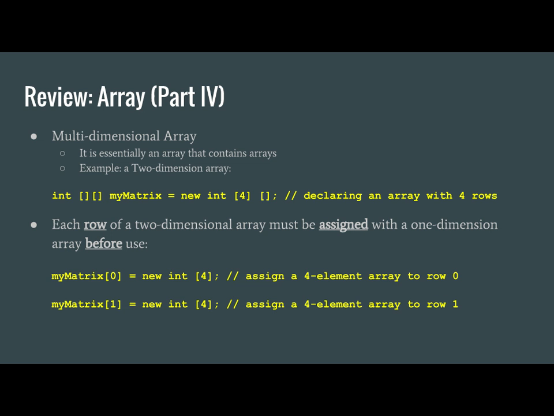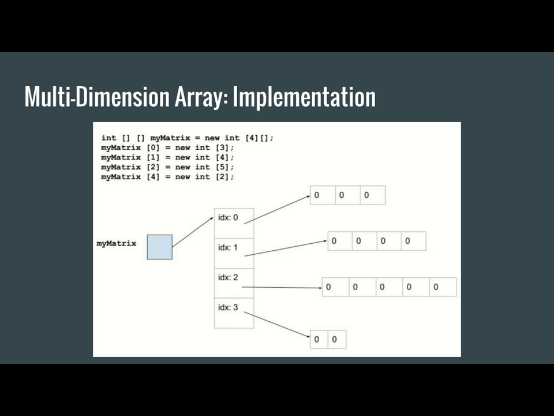How does it look like? When I first declare the int double square bracket, my matrix, what I got is this. It's a pointer here that points to a 1-dimensional array, and they all point to something null. So that's why we have the 4 here, but we don't have anything here.